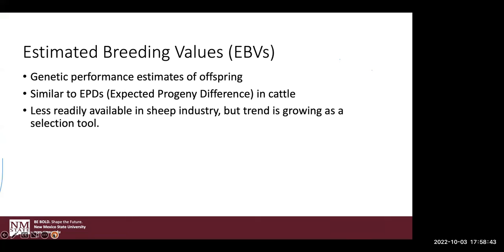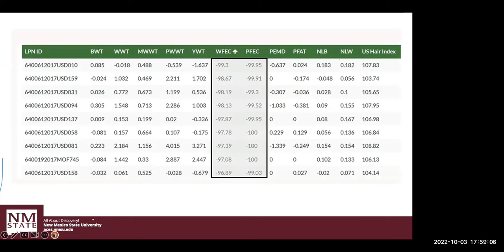We've had EPDs in the cattle industry for over 40 years, and we've made tremendous progress. So we know this tool works. Hopefully this becomes more available to all sheep producers, so they can start utilizing it for their own selection purposes. So next slide, we can go through an example.